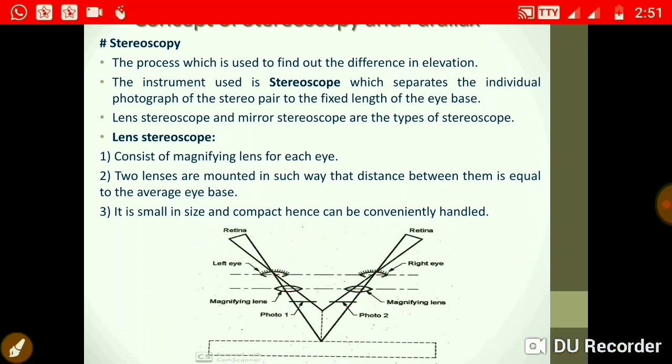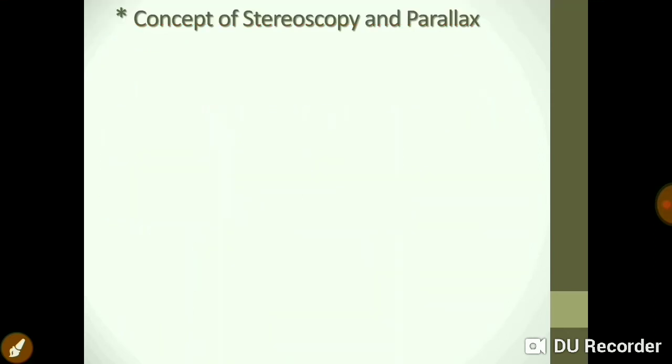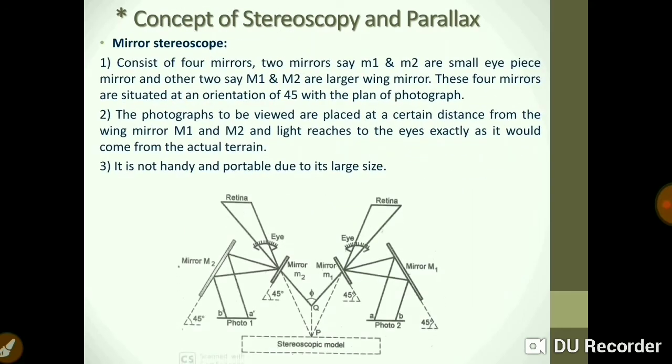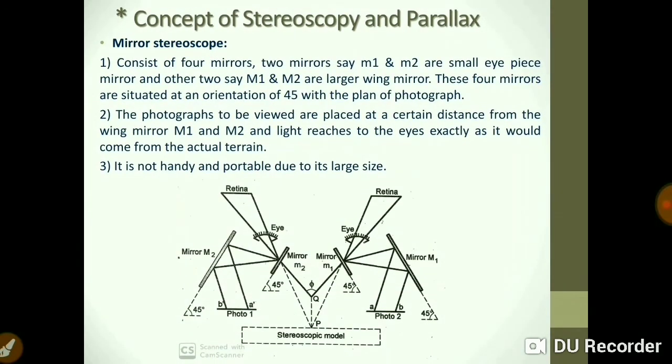Okay, the other type of stereoscope is the mirror stereoscope. See in the picture, it is somewhat more complicated than the lens stereoscope, but it is more accurate than the lens stereoscope. Okay, so it consists of 4 mirrors.